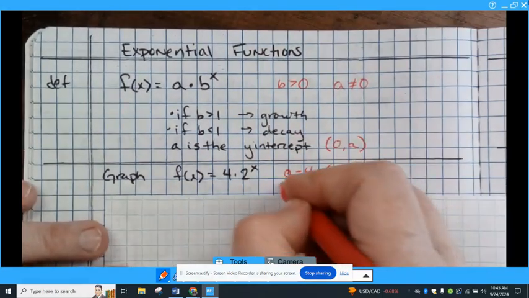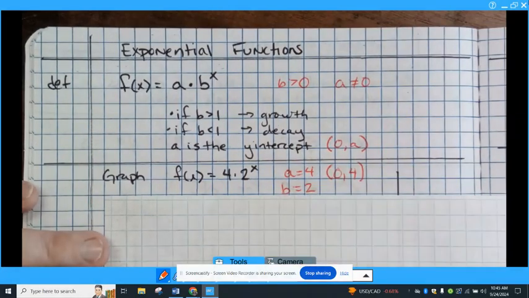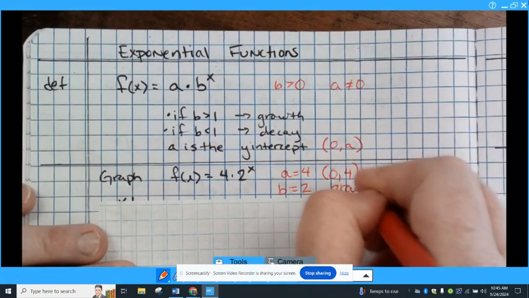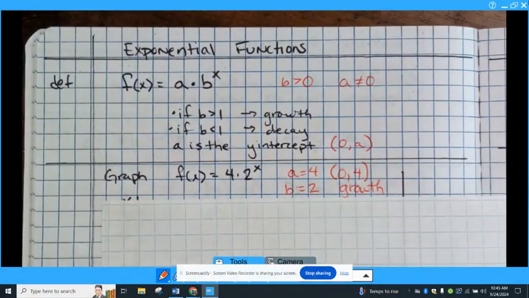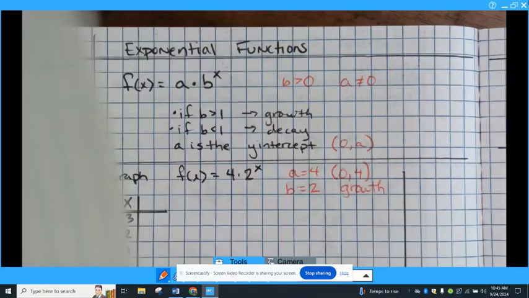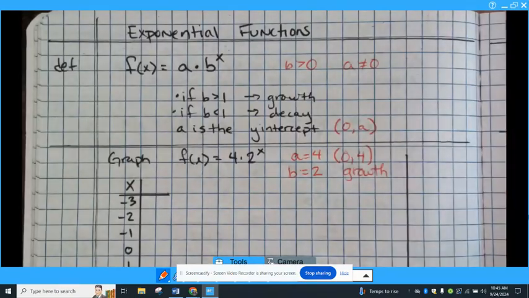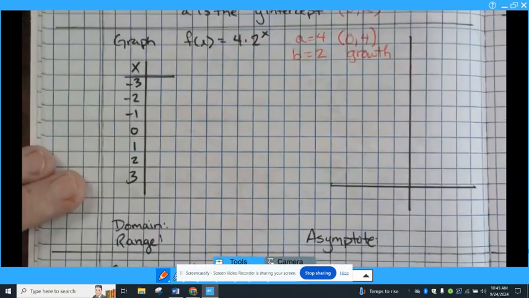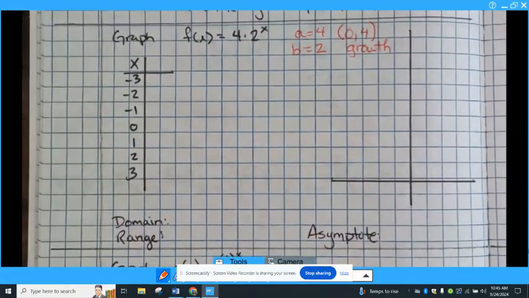Our b in this problem is 2, which means this should be a growth function. To graph this, we're going to create a t-chart with some negatives and some positives. I'm going to start with the positives.